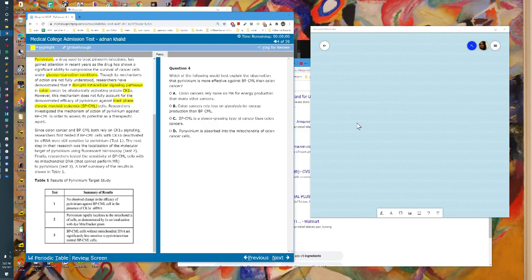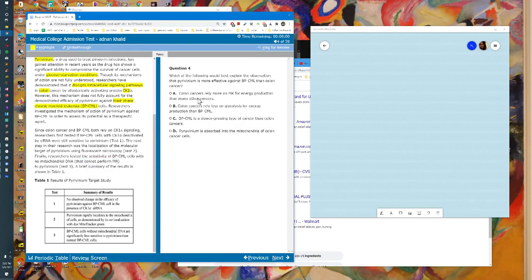Alright. Observation that it's more effective against this than that. So this is just saying if this was true. This is saying they rely more on this, which is kind of the opposite of what we're looking for, because perivinium basically just messes up mitochondrial respiration.